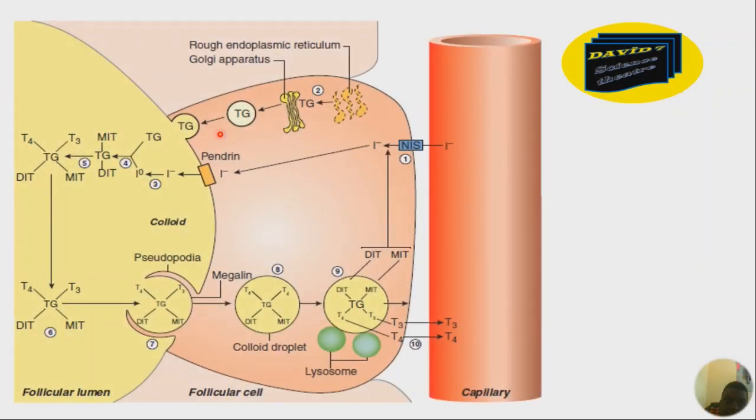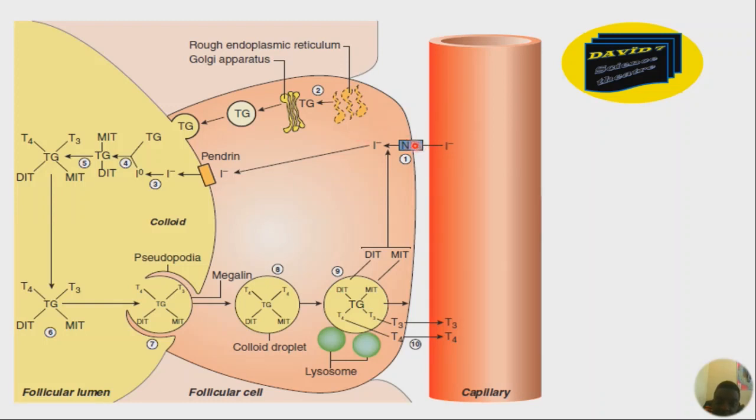Look at this. When they are synthesizing the thyroid hormones, we have iodine in the blood, in a capillary. This iodine will enter through a sodium iodide symporter. This requires energy for transport of sodium, and that movement of sodium causes movement of iodine inside.